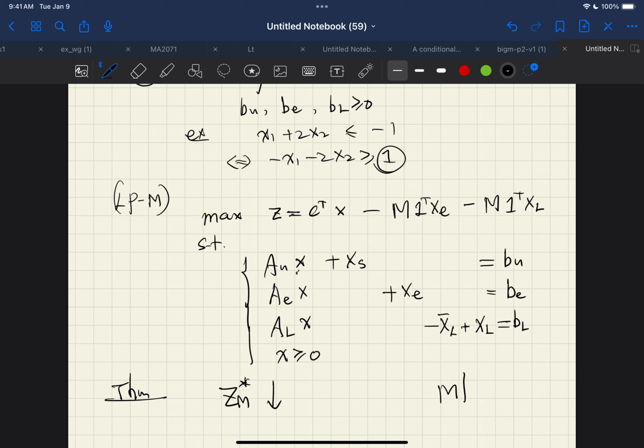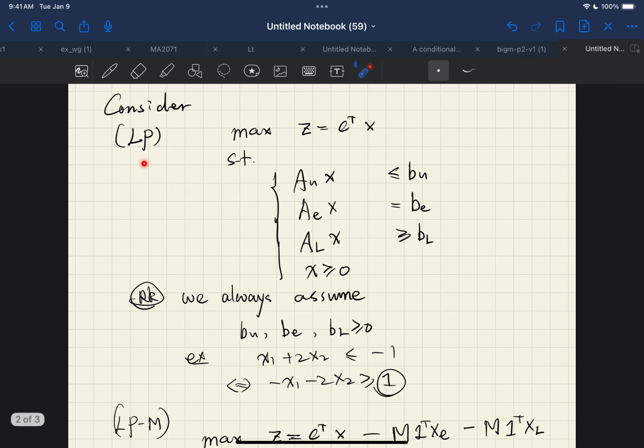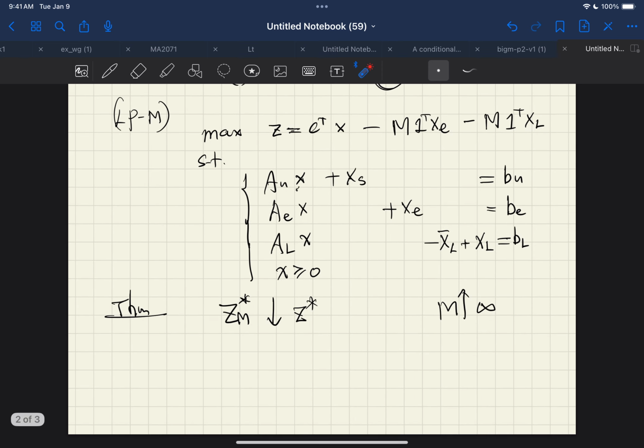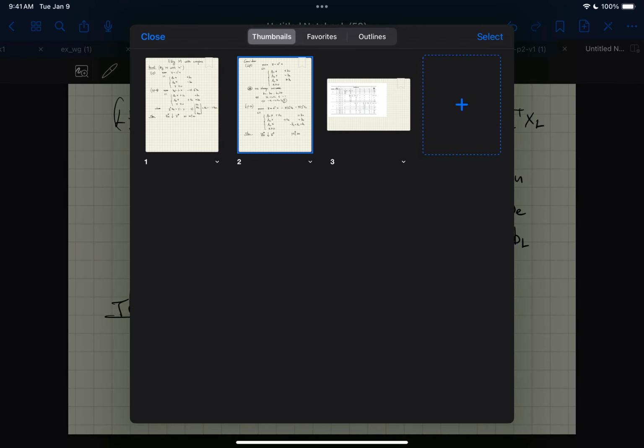And if you increase m until infinity or a big number, then at some point it will converge to z star, which is originally wanted. So originally wanted here, this problem, the z star. All right, let's look at an example to understand the whole mechanism.